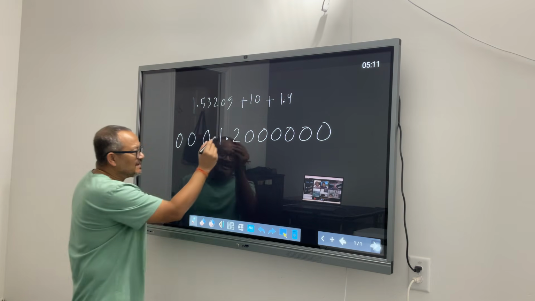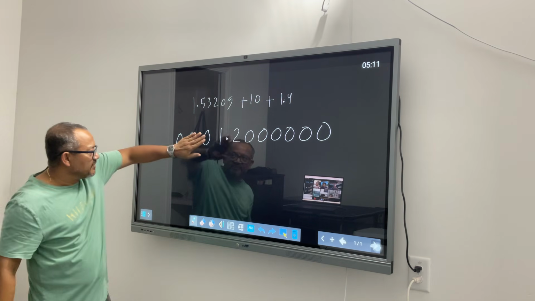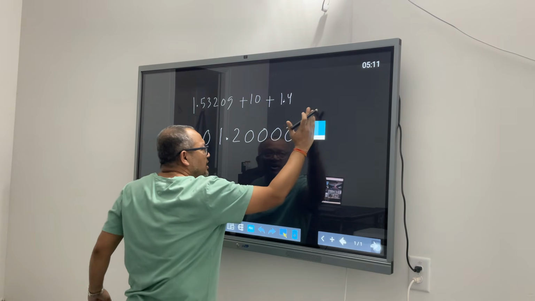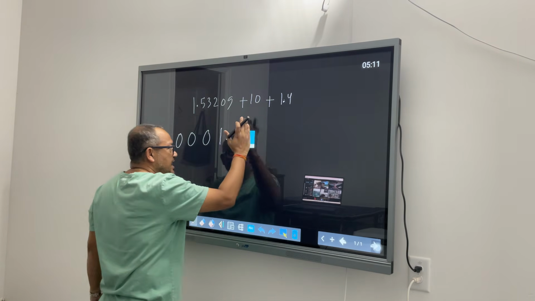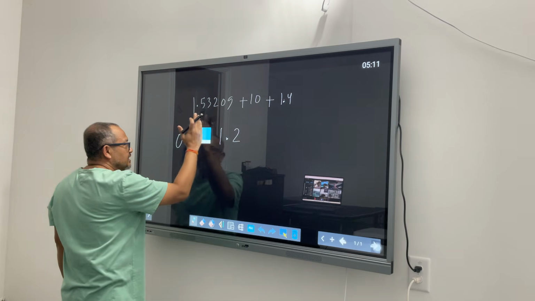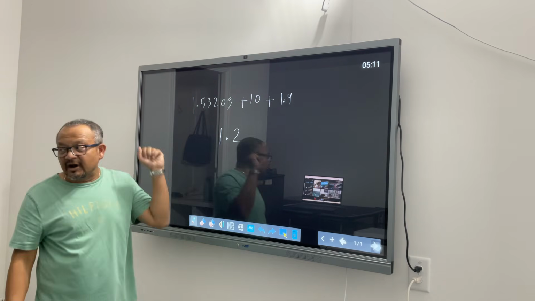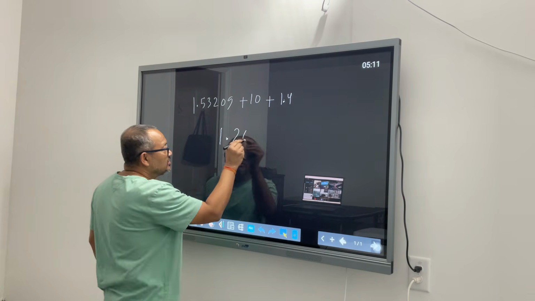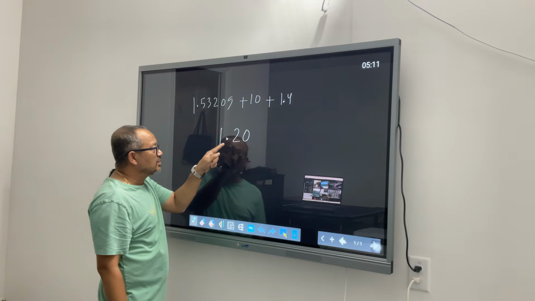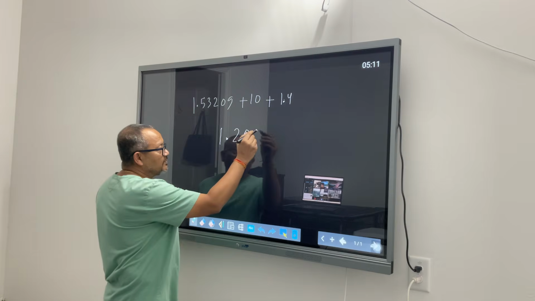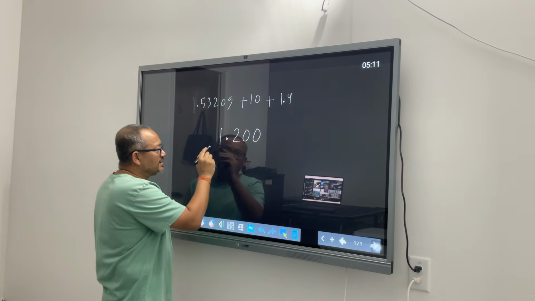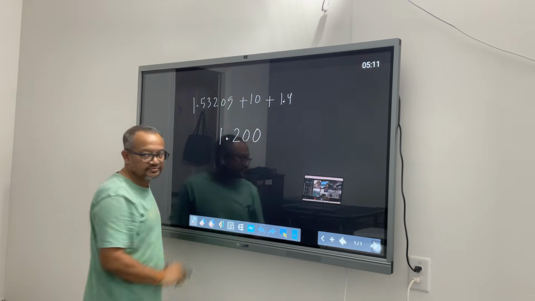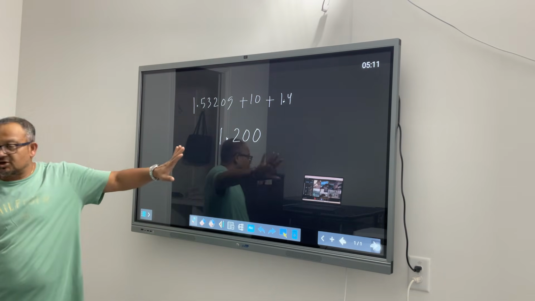I will not inject a zero in between, but before this number and after this number, I can put as many zeros as I need, and it doesn't change the value. That is one of the reasons why I always say, don't read this as 1.20, always read this as 1.20 with the zero spoken as a digit. If I put another zero here, I will read this as 1.200. So that is how it works.